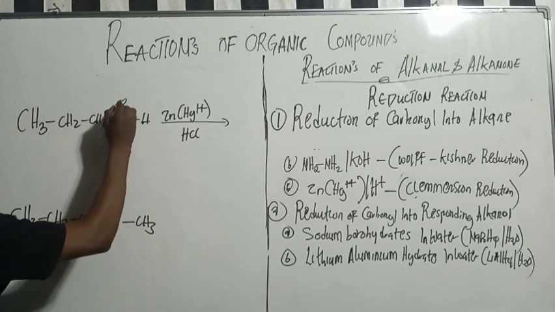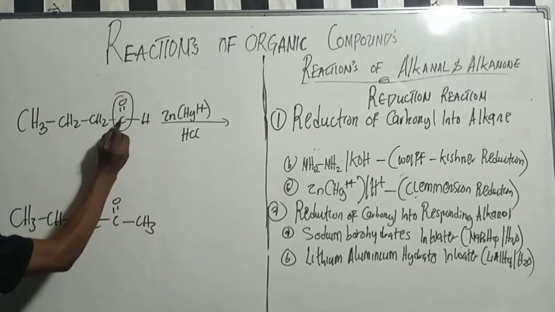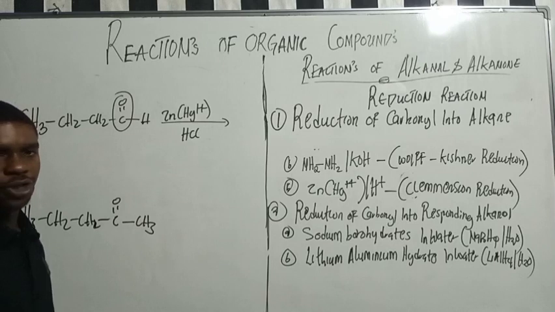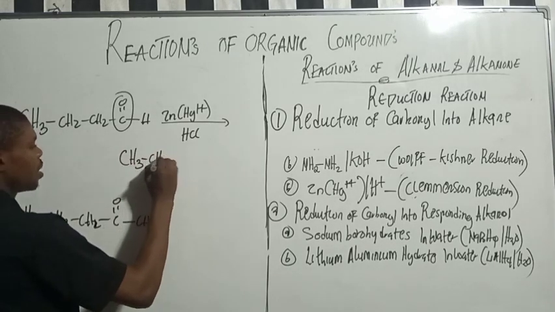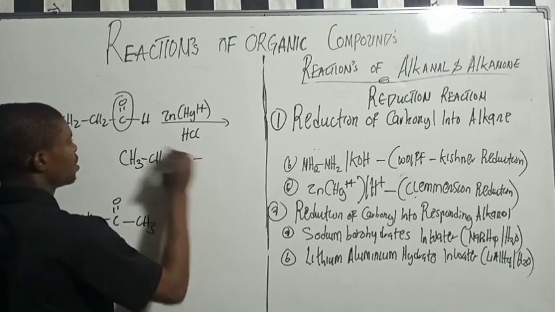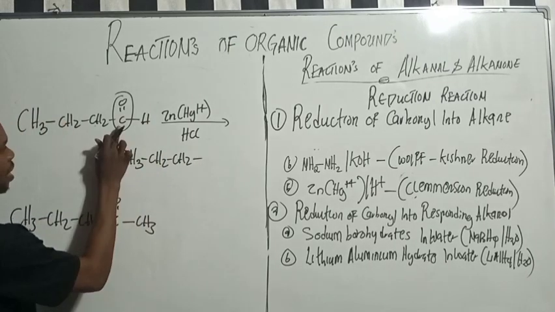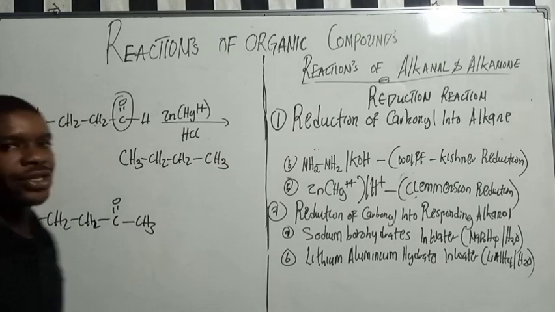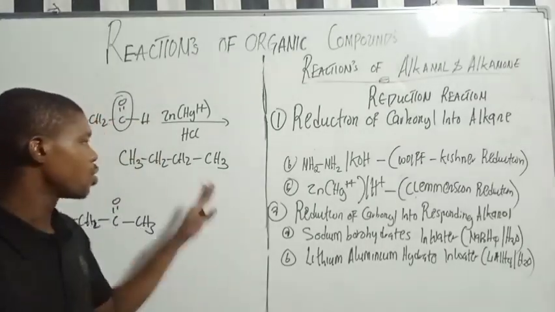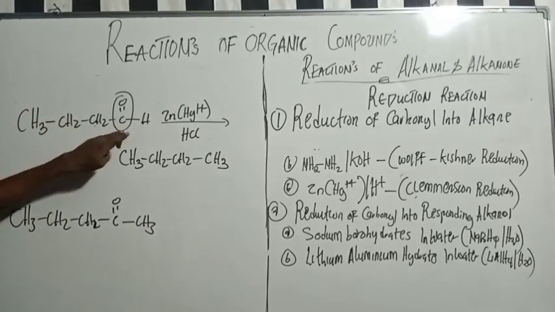So the reduction will take place here. This one will reduce it completely to carbon, no functional group again. So it's going to be CH3, CH2, CH2, then here we have CH3. So you can see that it has reduced it completely to alkanes.